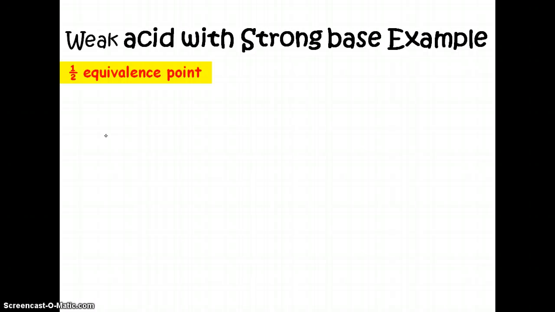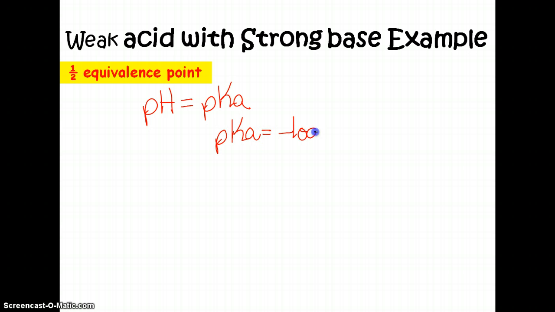All right, next we want to look at the pH at half equivalence point. Half equivalence point is probably one of the easiest pHs to calculate because at this point the pH is equal to the pKa. Now remember that pKa is basically just the negative log of the Ka.